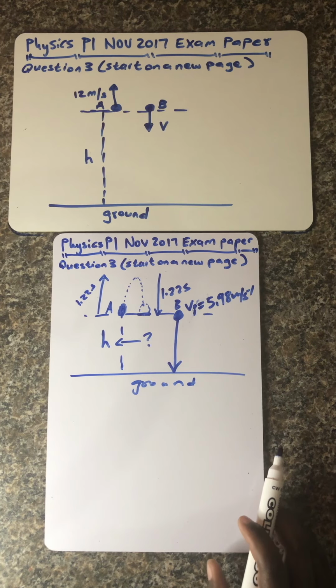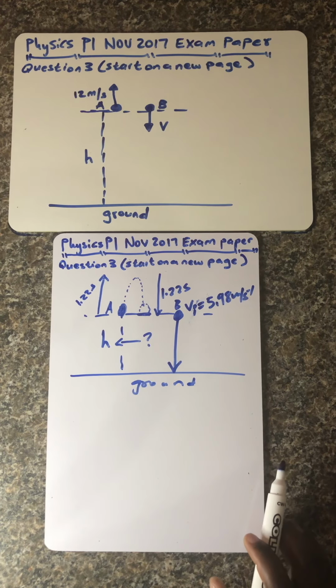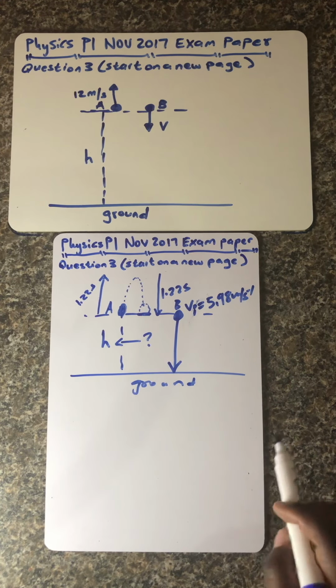So I'm not sure if I should straight away go to the formula sheet and look for the relevant formula, or I should just quickly explain. But I see there's a request there that I should quickly re-explain that situation.